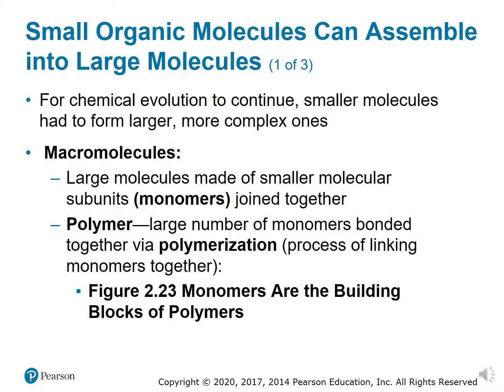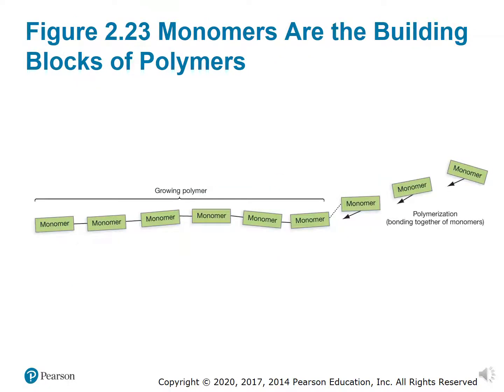To create a polymer, we do it via polymerization, or the linking of these small monomers together. Monomers are the building blocks of polymers, and a polymer is another way of saying macromolecule or large molecule. Here we see a lot of monomers linked together to create a polymer, and this is called polymerization.